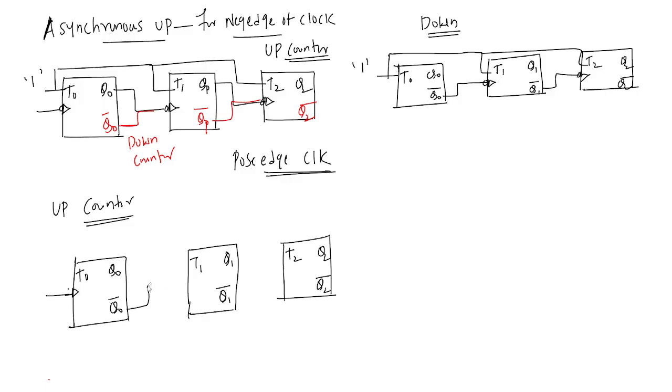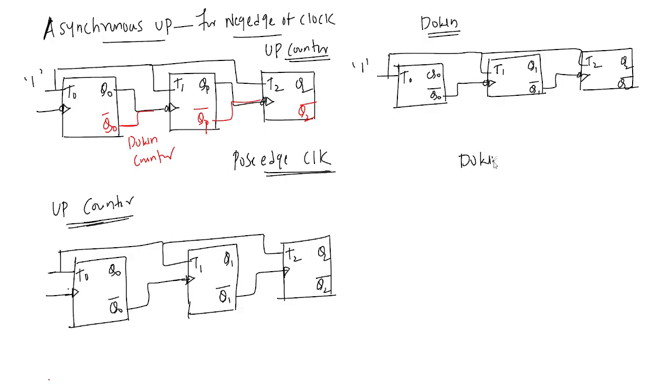This should act as the clock for the next flip flop. Understood? If it is a positive edge of clock, Q0 bar is acting as a clock for the next flip flop in order to design the up counter.